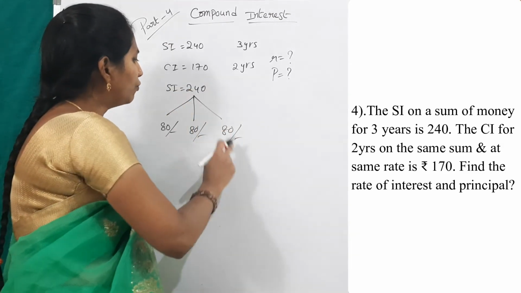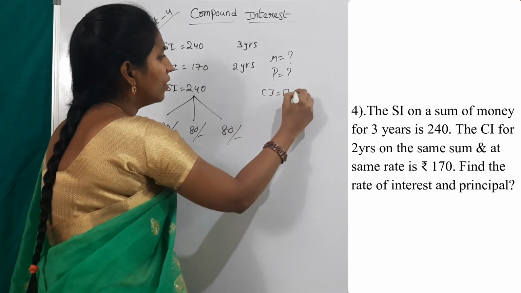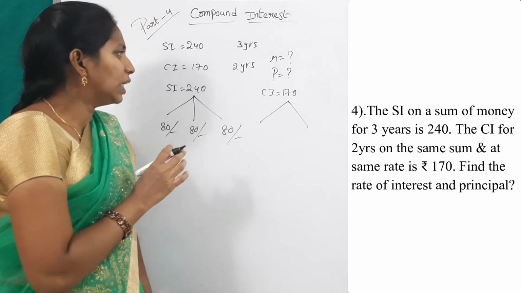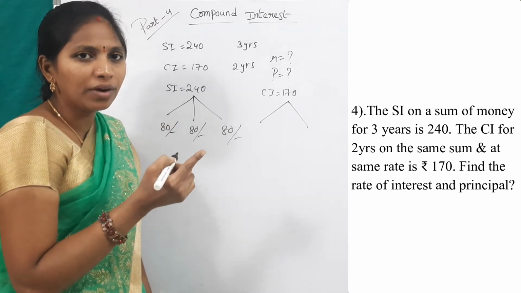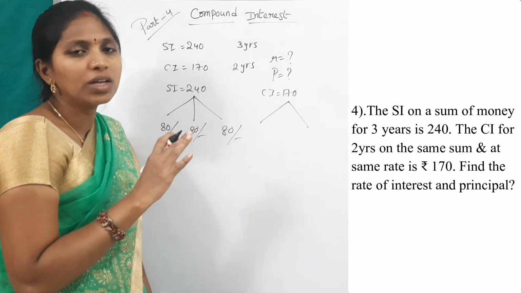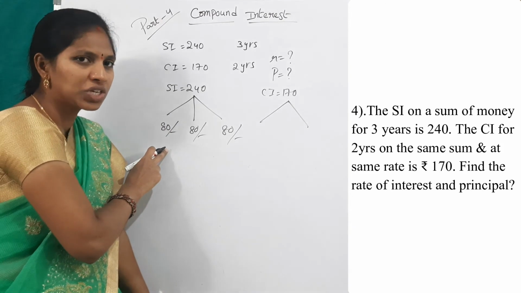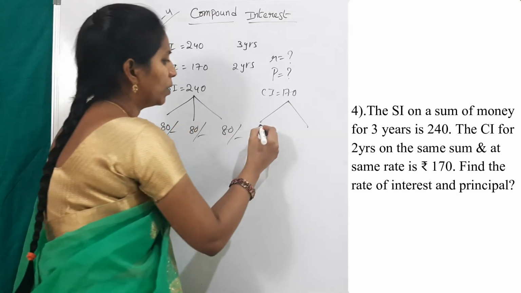From this given information, compound interest equal to 170. Already we know that for first year, simple interest and compound interest both are same. There is no change. So for first year, simple interest is 80, so compound interest is also 80 rupees.